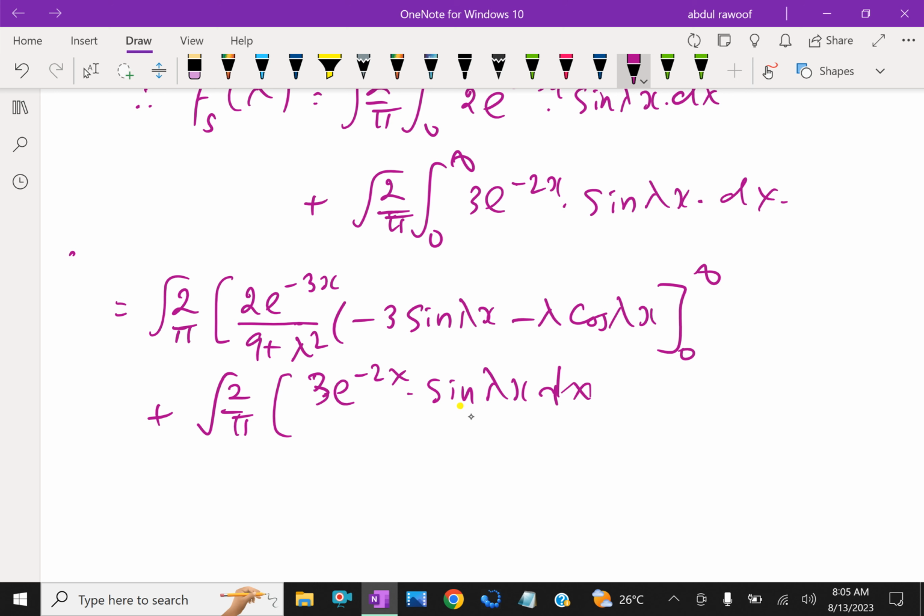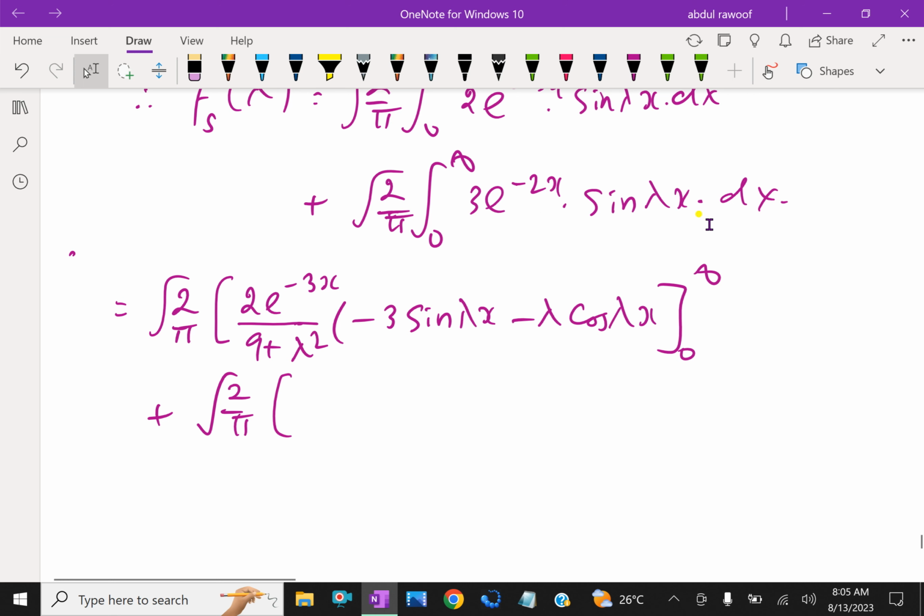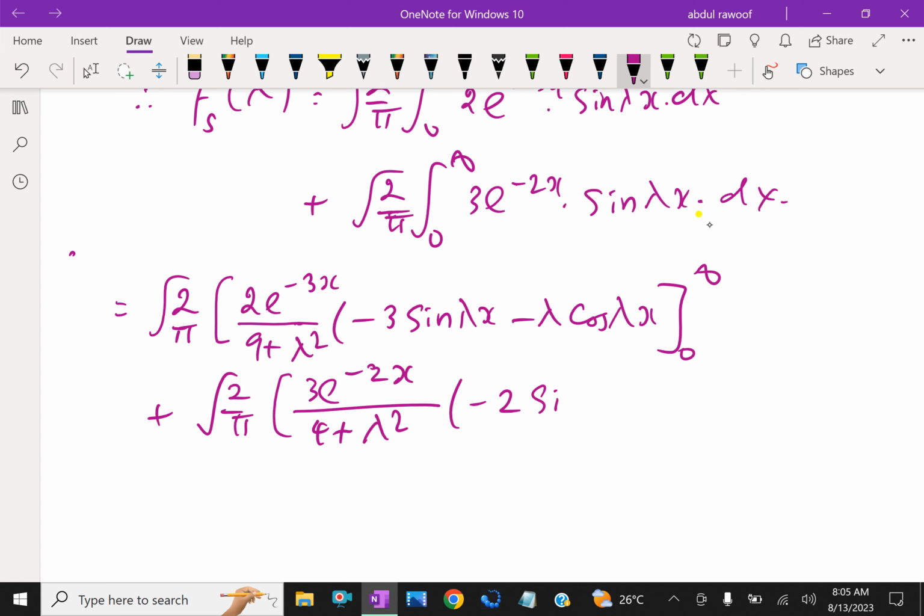Now we'll write the result here. The integral of this one gives 3 e power minus 2x over 2 squared, 4, plus lambda squared, of minus 2 sine lambda x minus lambda cos lambda x, with limit 0 to infinity.